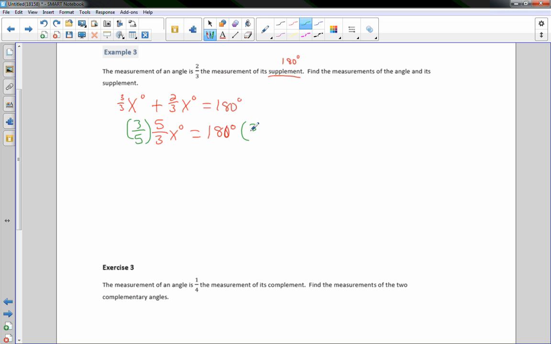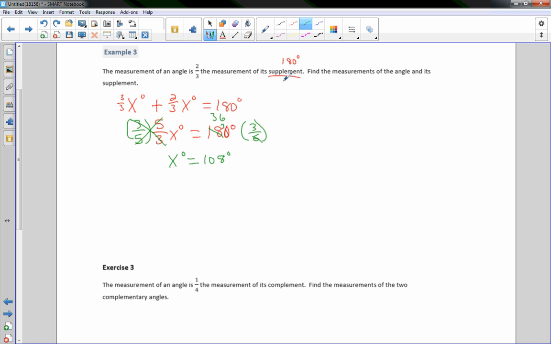And what you do to one side, you do to the other. So the 5's cancel, the 3's cancel, and I get x equal to 5 will go into 18 3 times. The remainder of 3, and 5 will go into 30 6 times. So now I just need to multiply 36 times 3, which is 108 degrees.